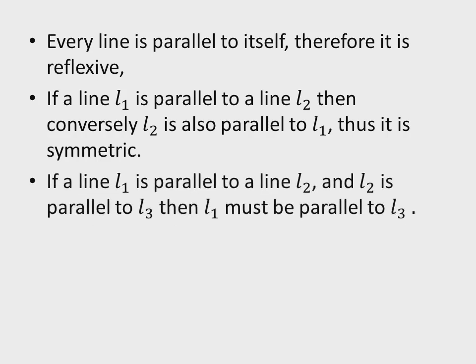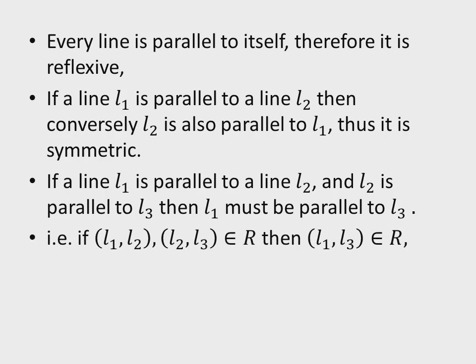And for the third one, transitivity, you see if a line L1 is parallel to the line L2, and suppose L2 is parallel to a third line L3, then L1 must be parallel to L3. Is it that? If one line is parallel to the second line, and the second line is parallel to a third line, then the first line must be parallel to the third line.